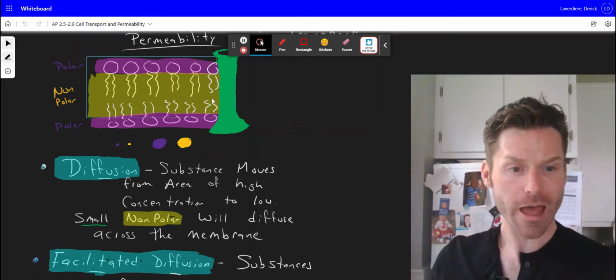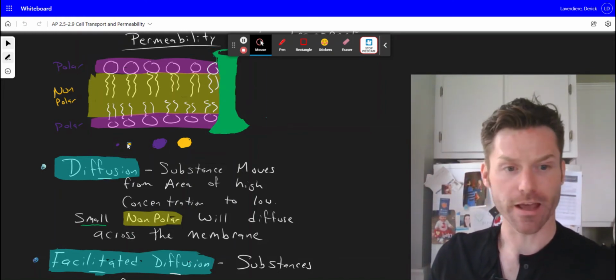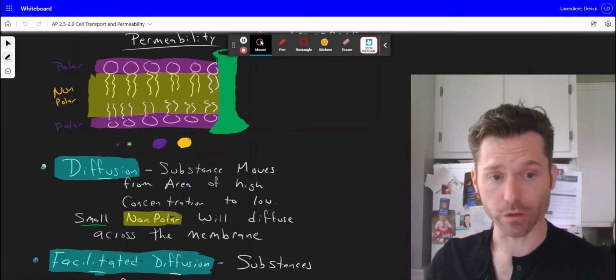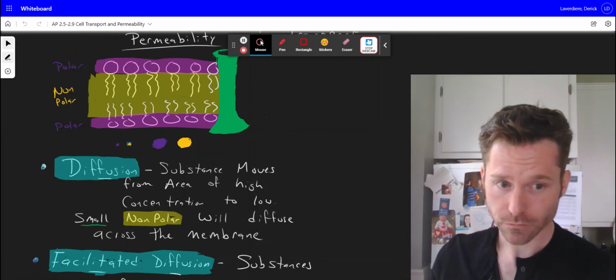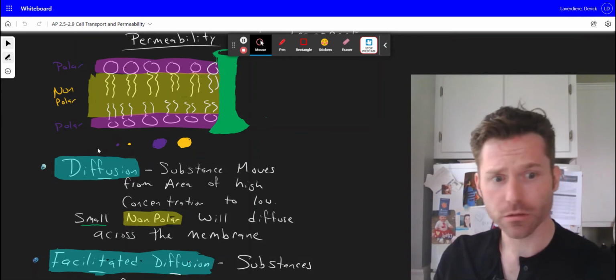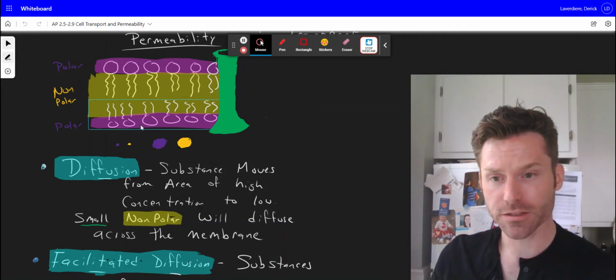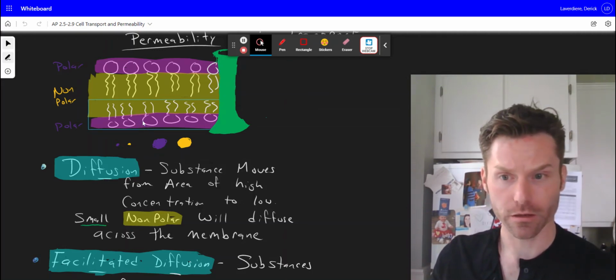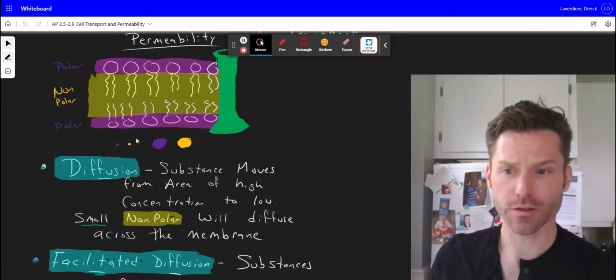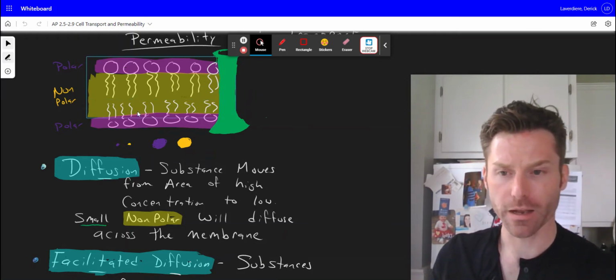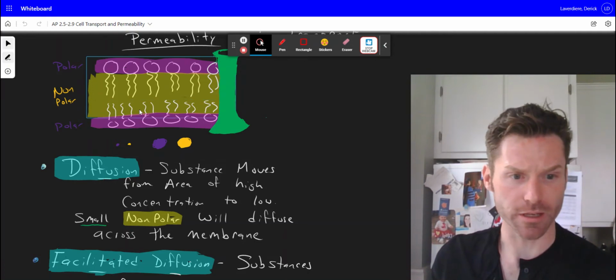And so if I have a molecule, let's look at this yellow molecule. Okay, this is representing a small nonpolar molecule. Okay, and it happens to be floating around down here. Right? If it comes up into this region right here, it can squeeze through the polar area because the polar area is kind of narrow. So it's just like, boop, and then it's in the yellow area, and it's cool with it being in the yellow area, right?